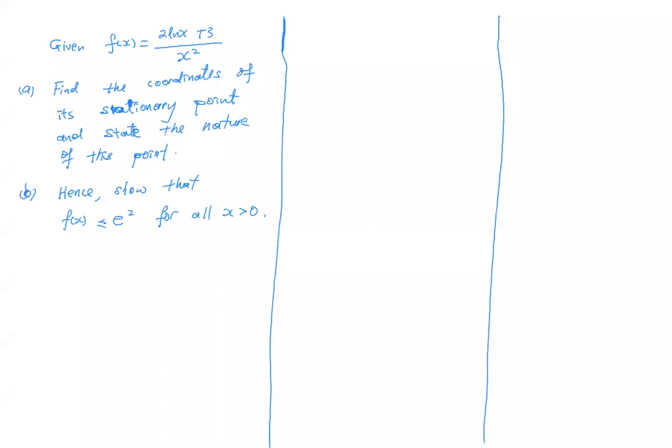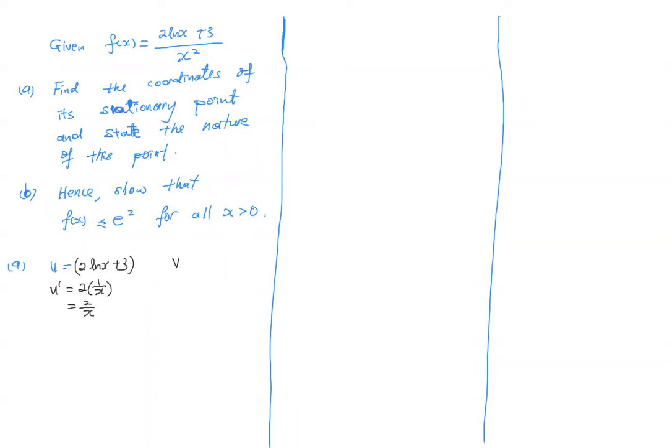Okay? To find the stationary point, first of all, you have to get the dy/dx. So we get our f prime x by using the quotient rule. Your u is 2 ln x plus 3, so your u prime will be 2 times 1 over x, so it's 2 over x.